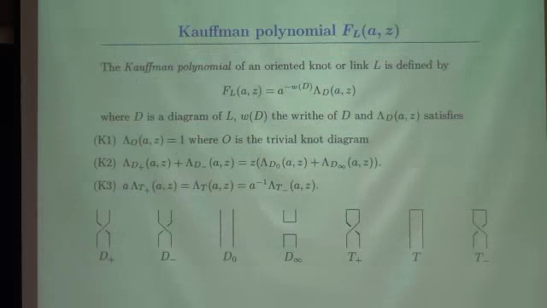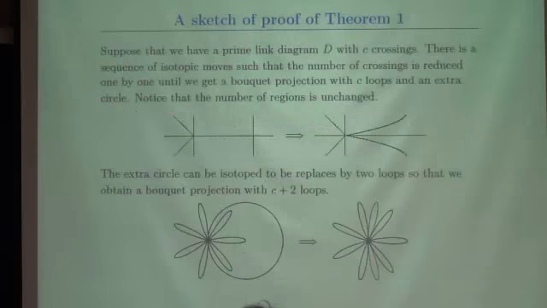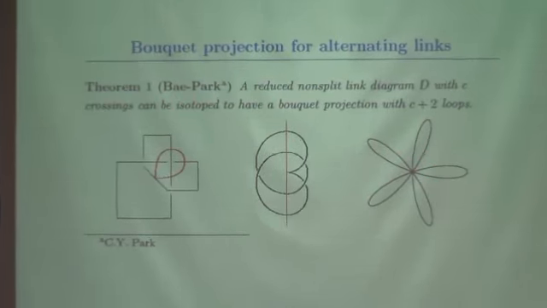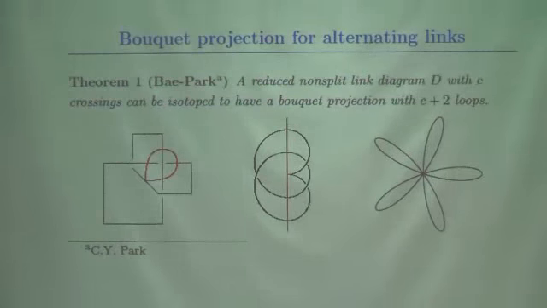Now, this construction of C plus 2 loops by Bae and Park gives an upper bound of the arc index of a knot.